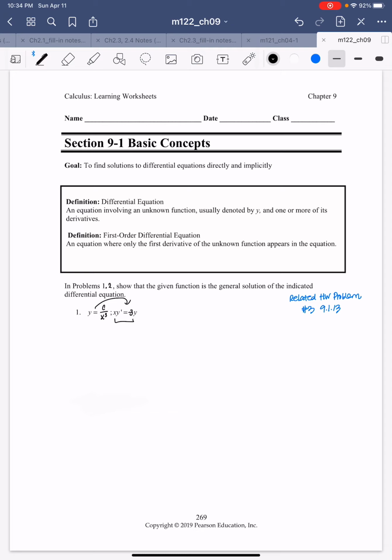So take a look at this. Our solution, our general solution. Now this one is general because C is just general. It's not a number. It's some random constant. So I'm going to look at my general solution and see that somehow I need to have a y prime up here. So my first thing is to take a derivative of that function.